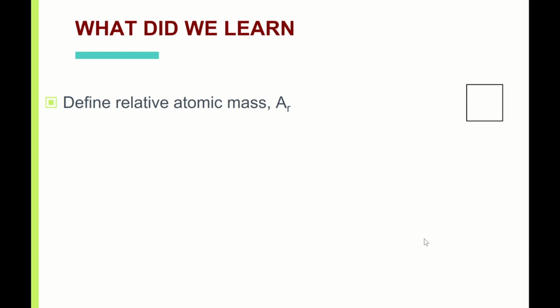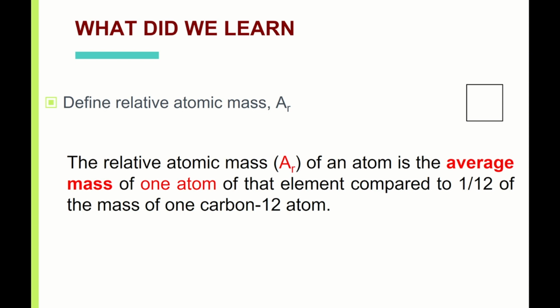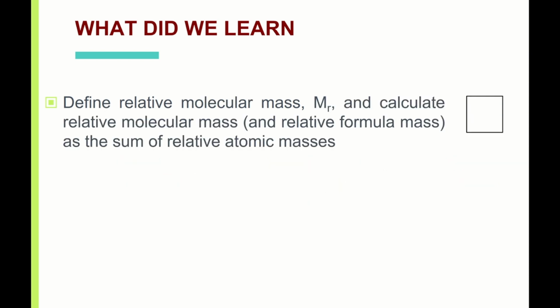We have already learned the definition of Ar. Without looking at your notes, try to recall the definition. This is the definition of Ar. Moving on, we look at how to calculate for molecules and ionic compounds. Take note, Ar is only for atoms.